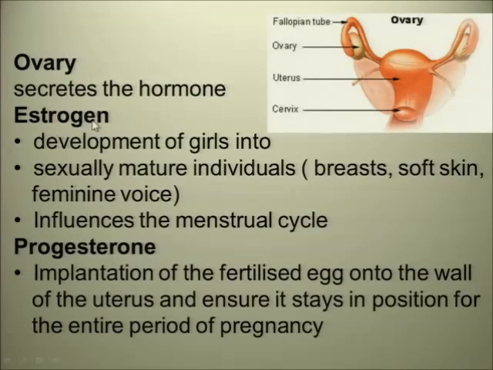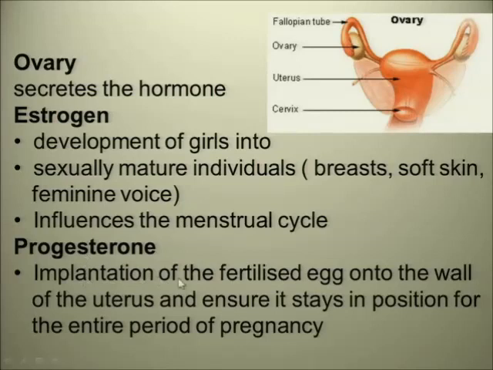The ovaries secrete the hormone estrogen. This is important, and I think they will ask it in human reproduction: the development of girls into mature individuals.